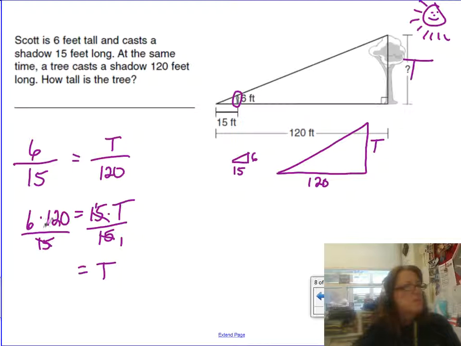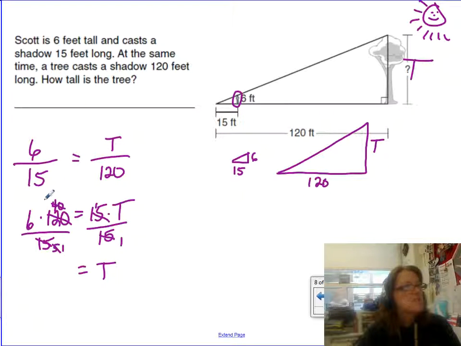We had to do it by simplifying the fraction. So rather than multiplying and getting 720 divided by 15, I'd say, hey, 15 is made up of a 3 and a 5. So if I factor a 3 out first, which leaves me with a 5, I'm going to take the 3 out of the 120, so I have a number that's easier to look at. And then 5, I can keep going.